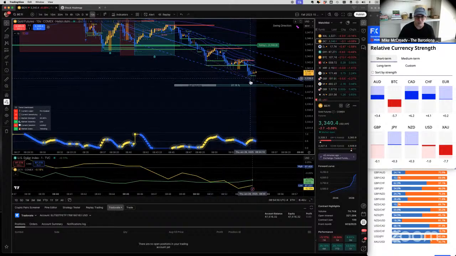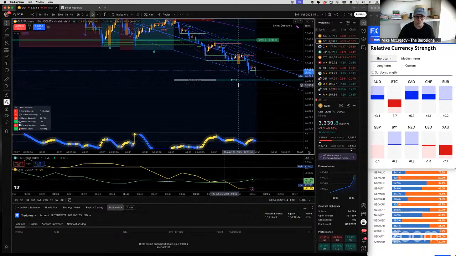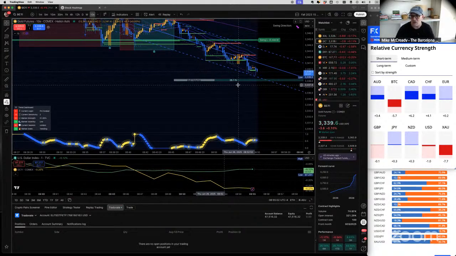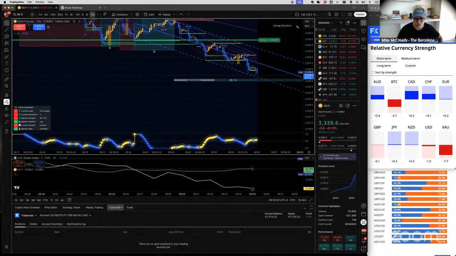So what I'm waiting for is for price to push through this bull volume, show me that the volume and the momentum can absorb that and continue its downward trajectory. If it can, then I've got a sell button to press.